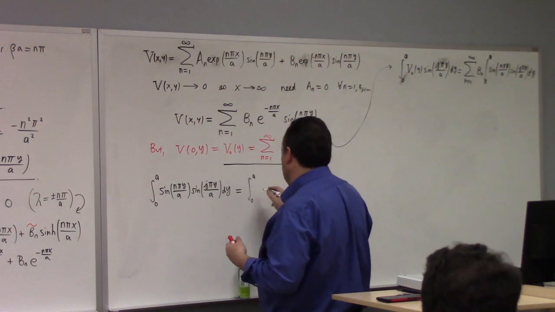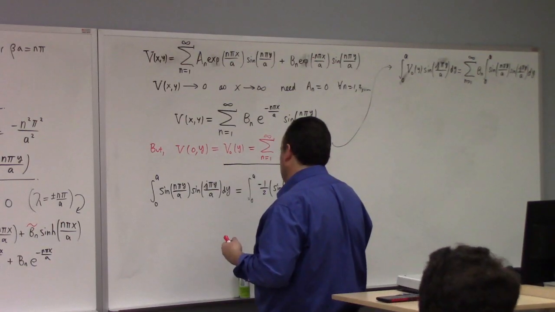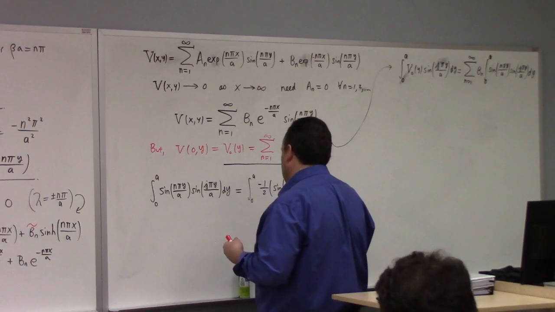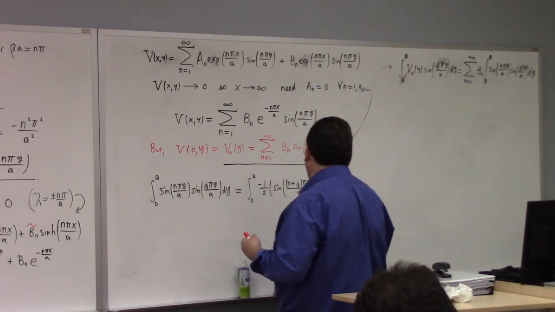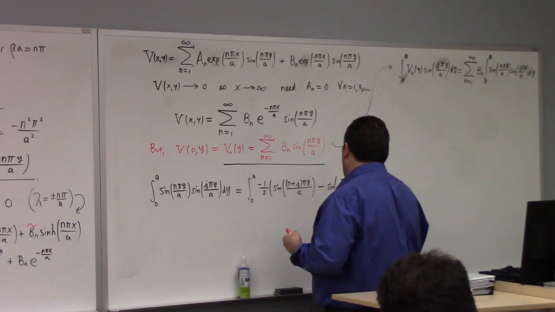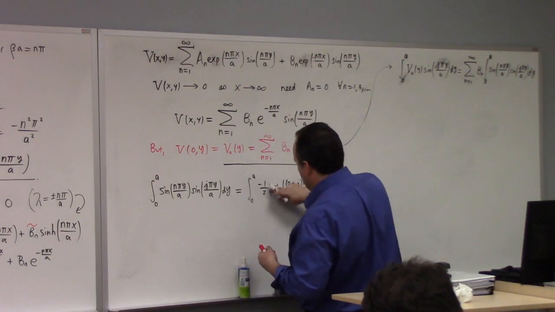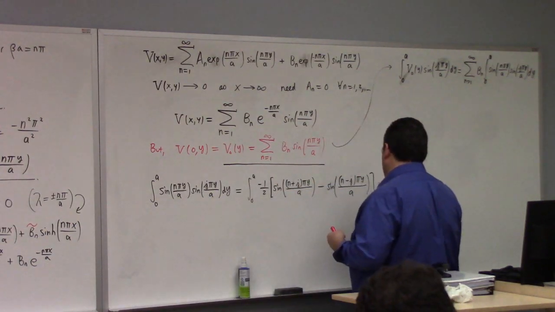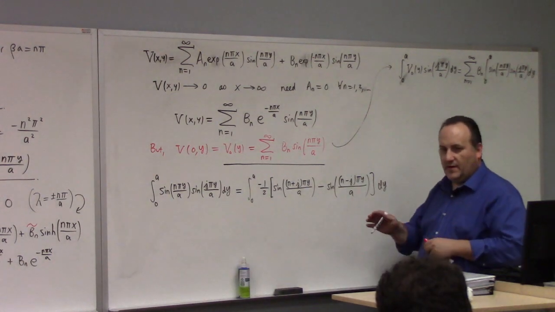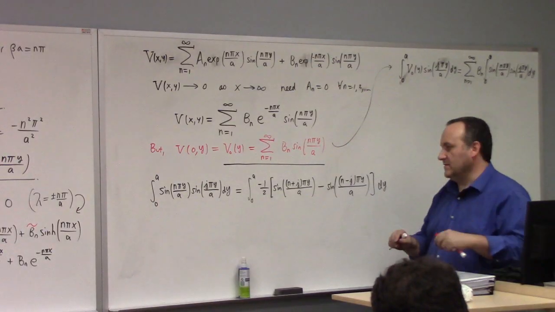It gives me like minus 1/2 times the sine of n plus j times pi y over a, minus the sine of n minus j times pi y over a, dy. This is correct up to a plus or minus. I could be wrong, I haven't double checked.